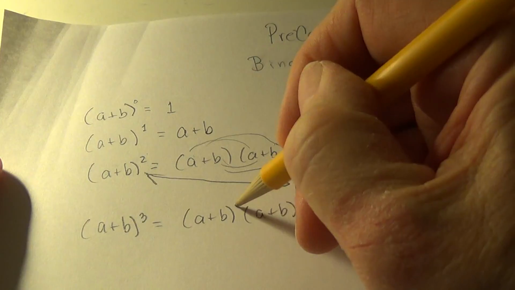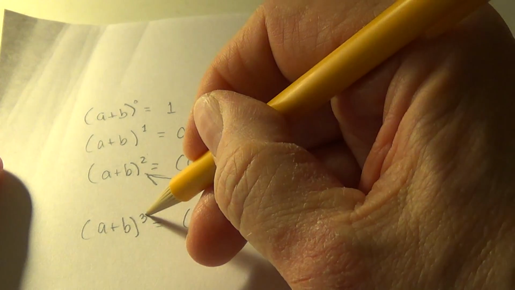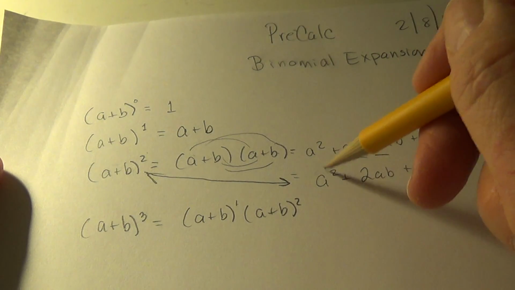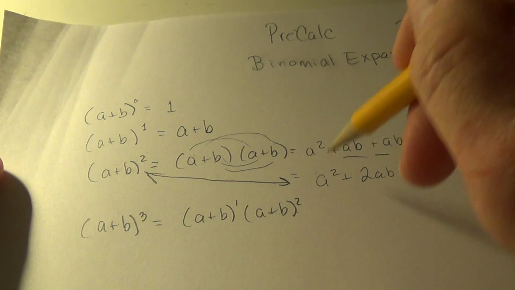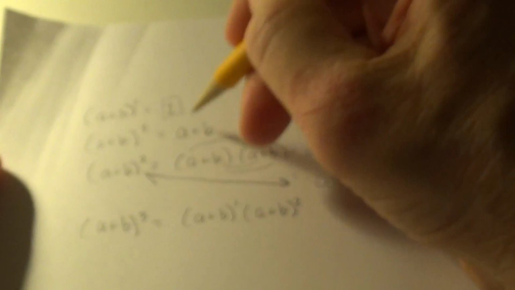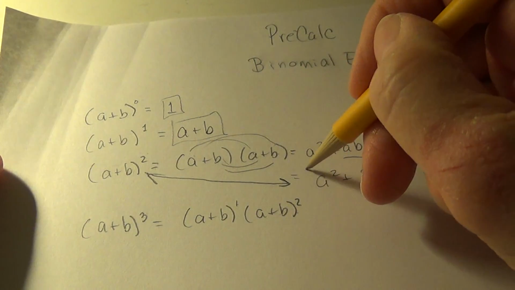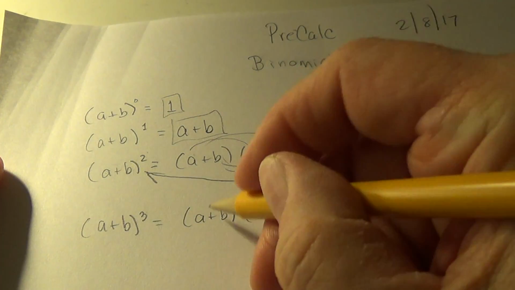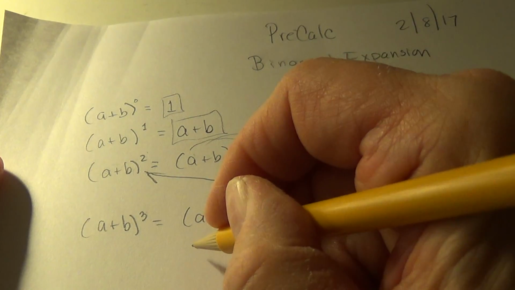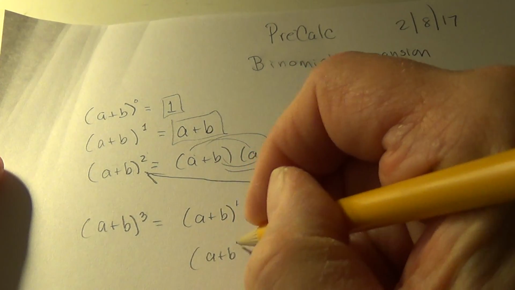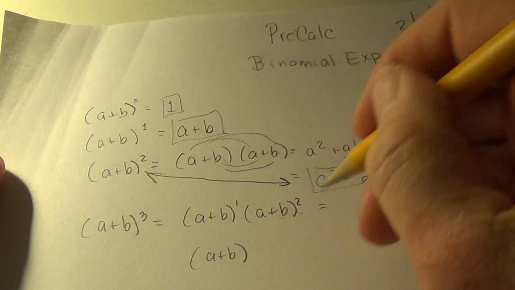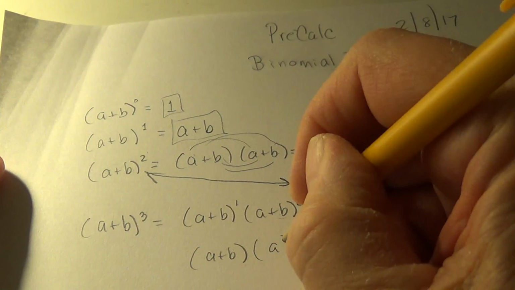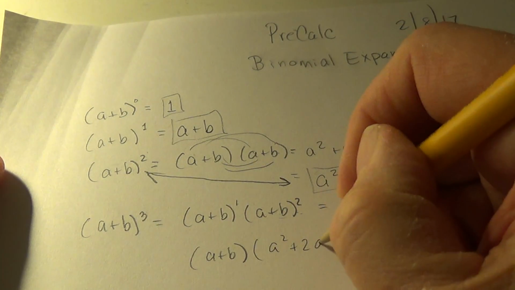And because these exponents are added to get this one, these are equivalent statements, but we already have a plus b squared. So I'm going to rewrite this a plus b times, and when I get to a plus b squared, I'm going to put in what I've figured out in the step before.